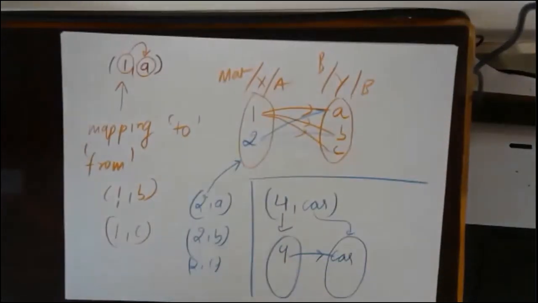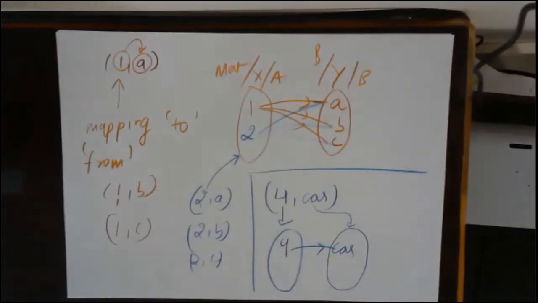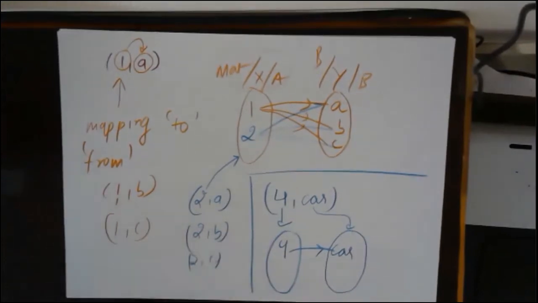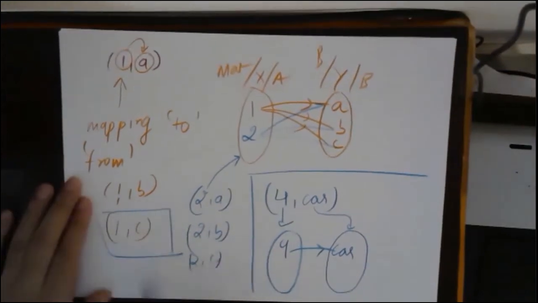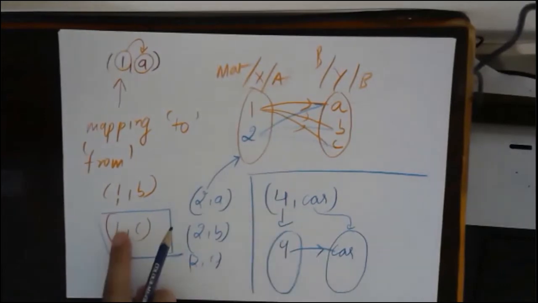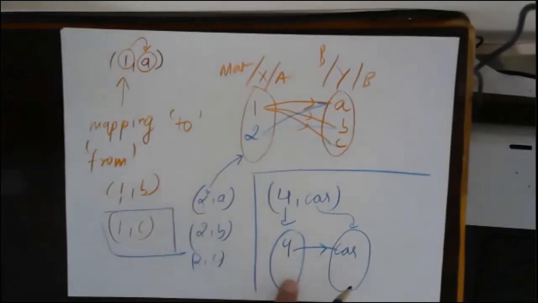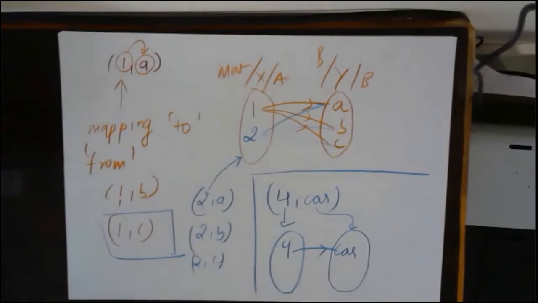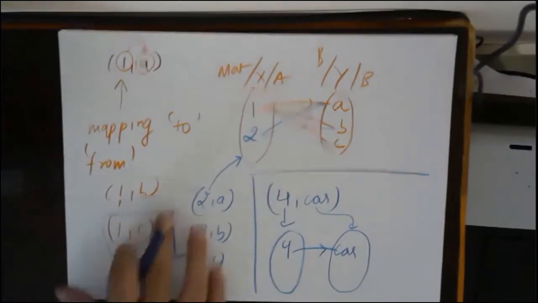Understood? No matter what I write in this form, wherever I write in this form, the first element is from the first set, and the second part is from the second set. Simple as that.